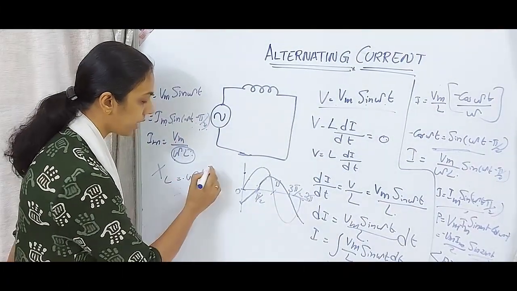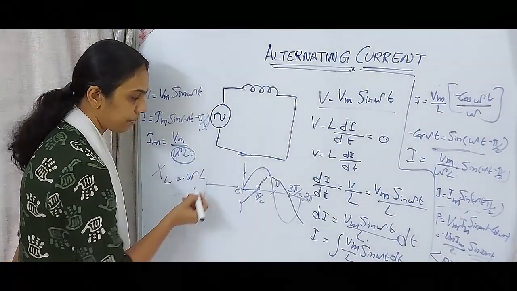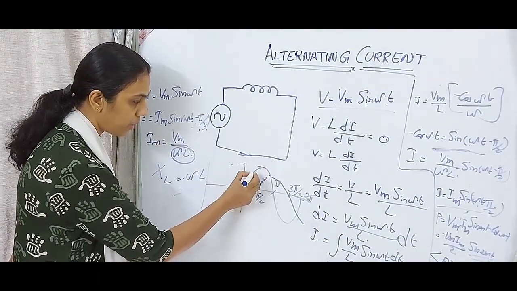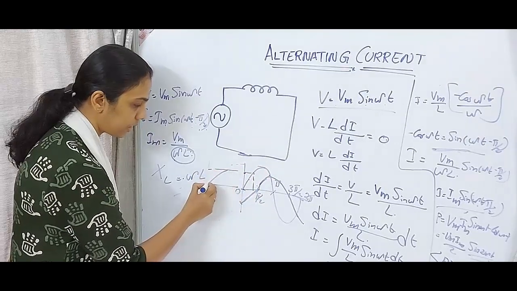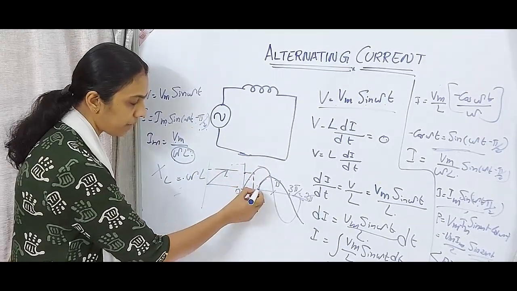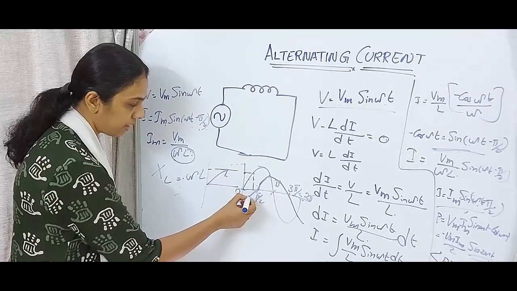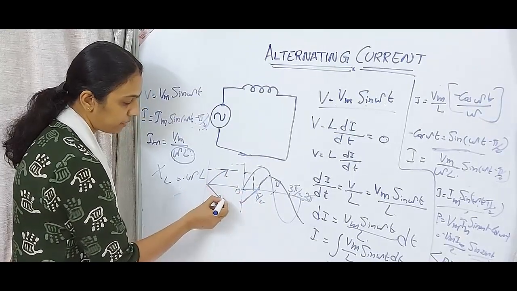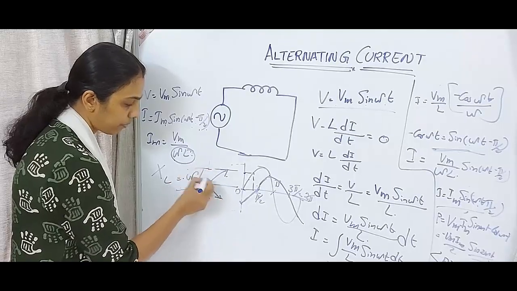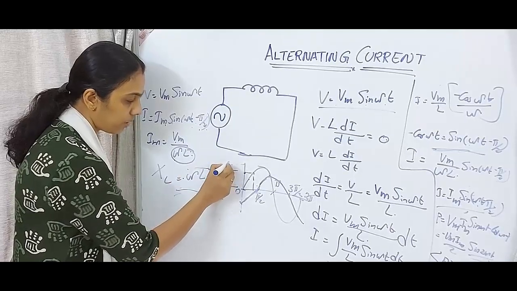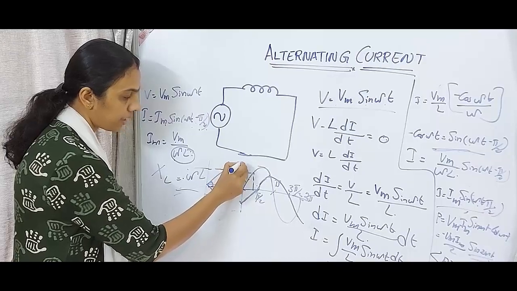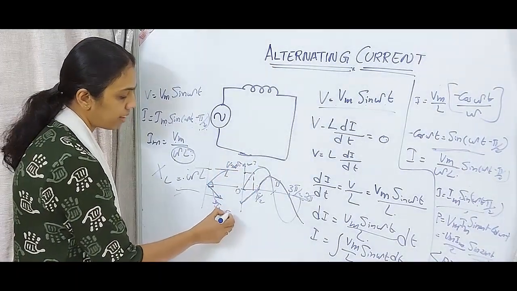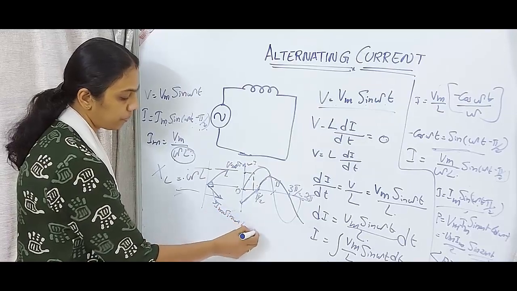Now we are going to look at the phasor diagram for the same. This is the voltage, and the current is pi by 2 behind. This is Vm sin omega t, and this is Im sin(omega t minus pi by 2).